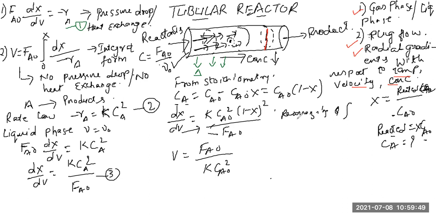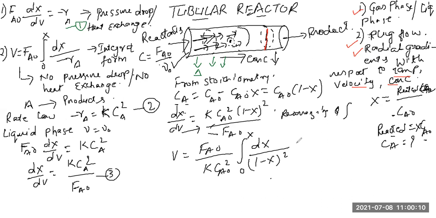Since I said we are integrating, when you integrate dV, it will become V. Then you integrate this from 0 to x, conversion. Then you have dx divided by (1 minus x) whole square, right?